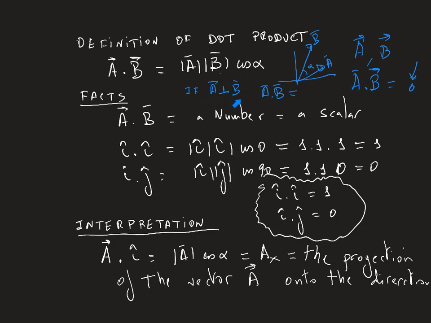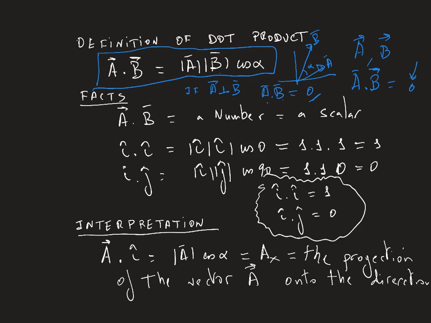The cosine of 90 is 0, so A scalar B will be 0. If A is perpendicular to B, A scalar B is 0. So everything comes from this definition. You have to understand what it means, what it's for, and what the number means. If the number is 0, it means that A is perpendicular to B.